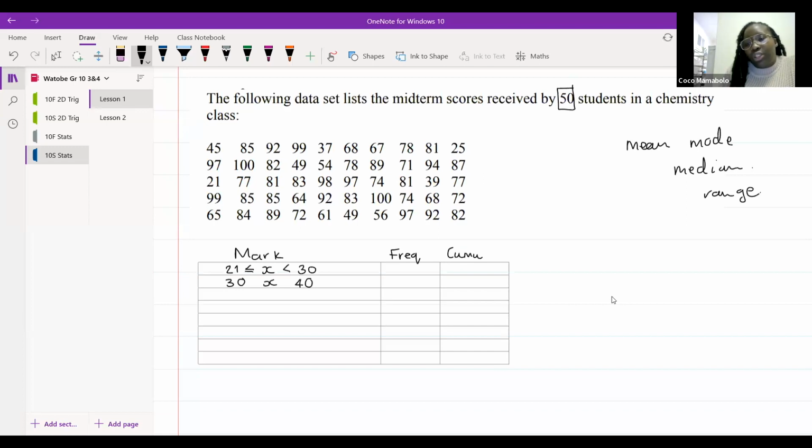But what's going to be the difference over here? We need to include 30. Because I excluded 30 over here, I need to include it over here. Because if I exclude it in both, I'm not going to be able to count it. Give me a thumbs up if this makes sense. Does this make sense?